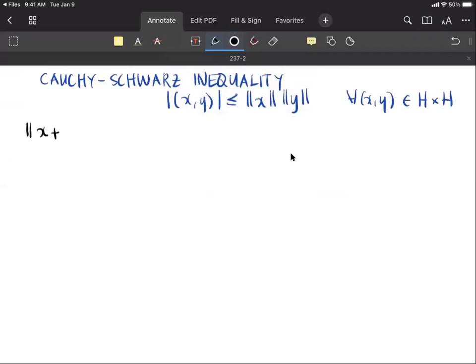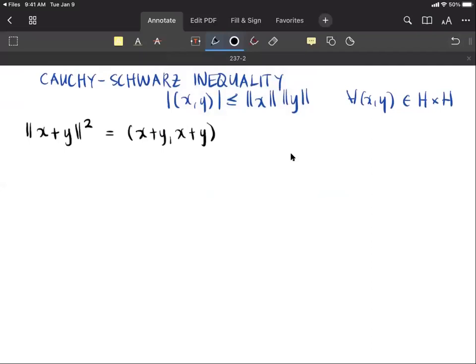So let's start with the norm of the sum. We take the square. This is equal to the inner product of the sum with itself.